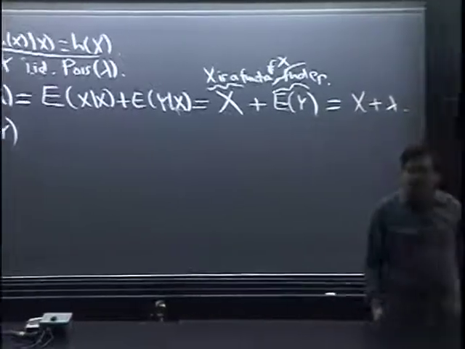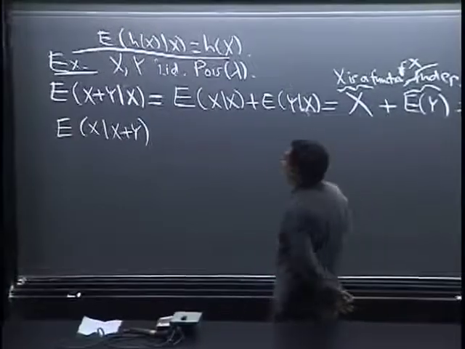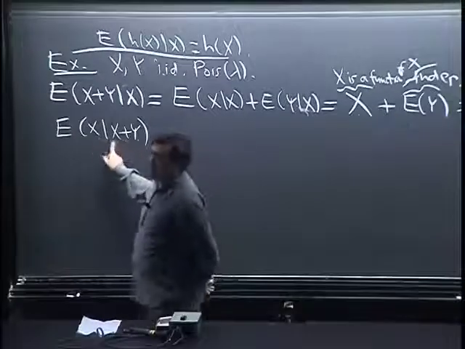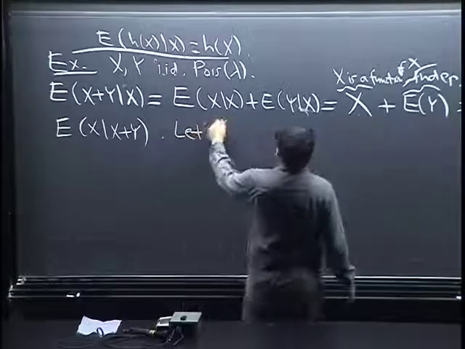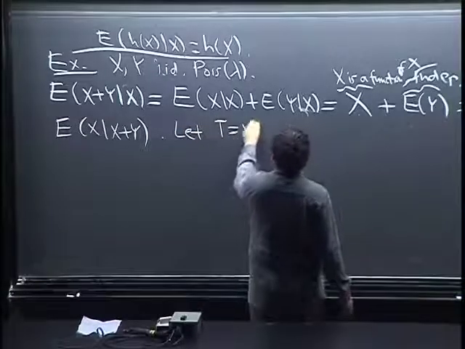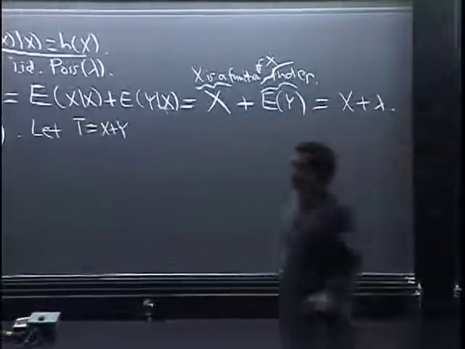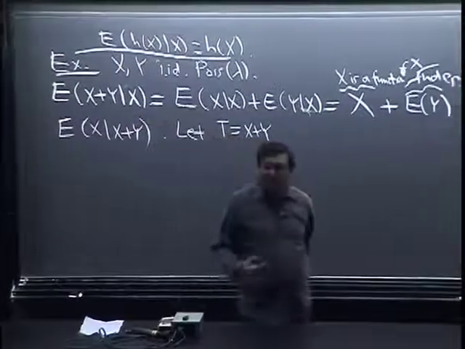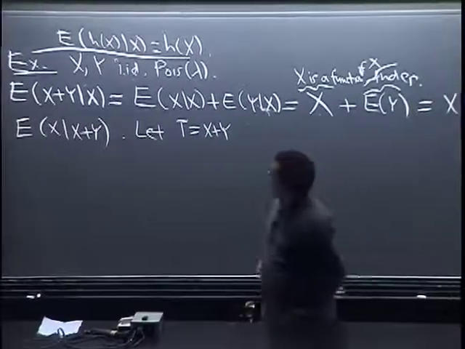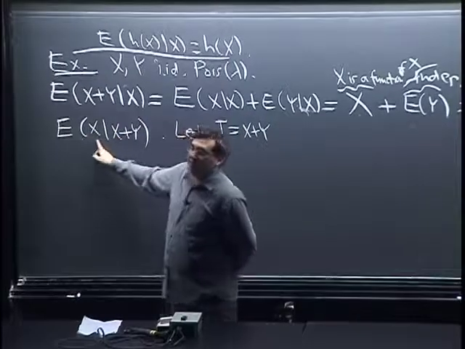I'll show you two ways to do this. One way is just straight from the definition. We're going to let T equal X plus Y, and find the conditional distribution. What this says is we get to know the value of T, and then we use the conditional distribution. Without this, it would just be the unconditional expected value, which we know is lambda.